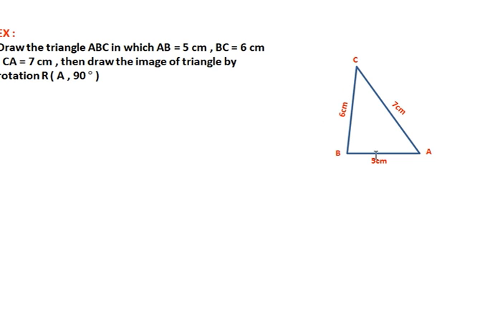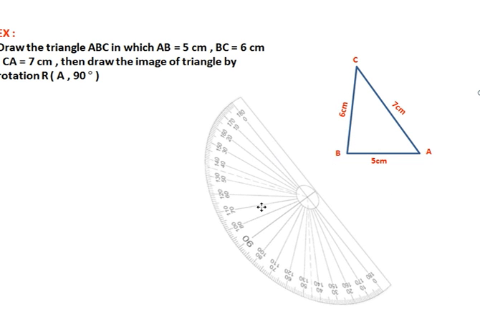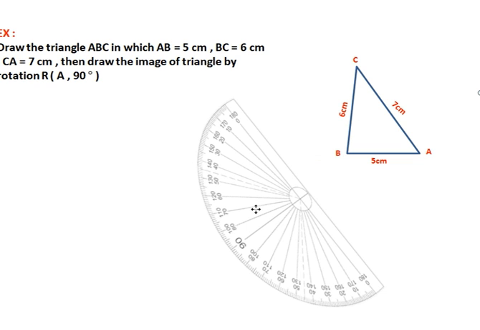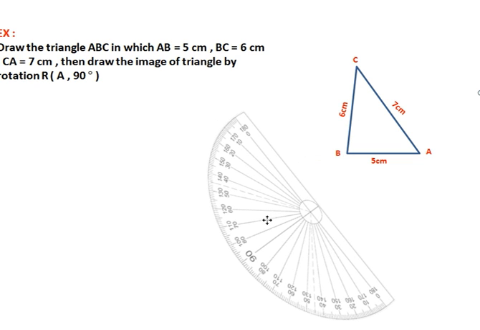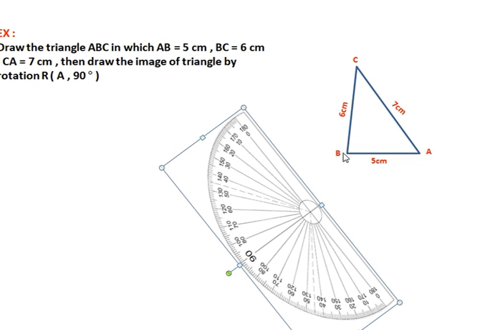Now, how to draw the image of the triangle by rotation about A and 90? A is the center of rotation and 90 is the angle of rotation. At the first, determine the center as A. We use the protractor to draw the image of the point C and the point B by angle 90.